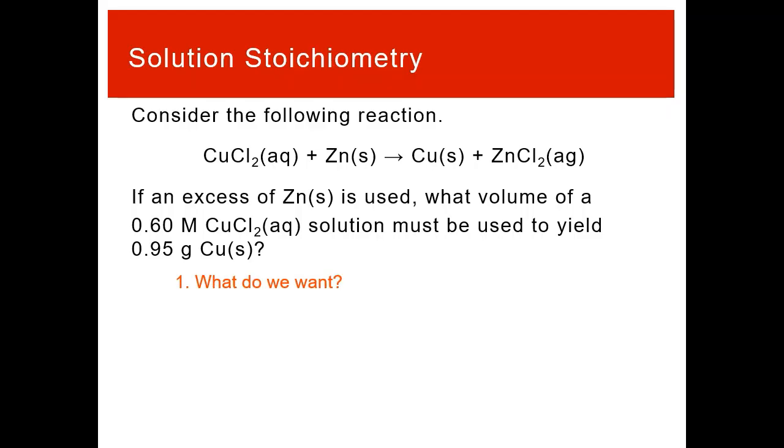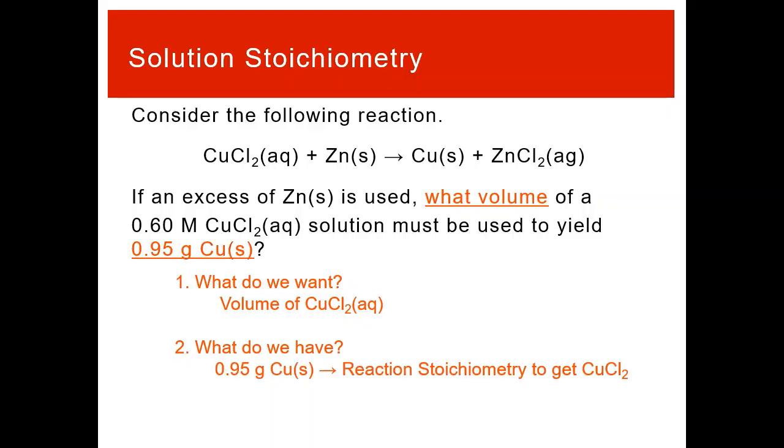All right, what do we want? I am explicitly after a volume of solution. So I want a volume of solution of this reactant, copper 2 chloride. So what do I have? What can I relate it to? I know I'm given a reaction, so I am likely doing a stoichiometry problem. So I want to relate it to an amount of another reactant or of a product.